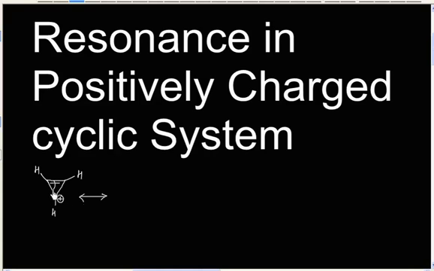So if I shift this double bond here, now this carbon will be having positive charge because it has only 3 bonds. We can also flow this double bond here.